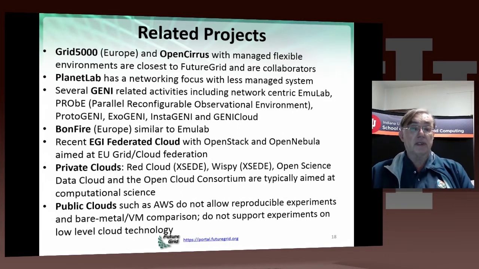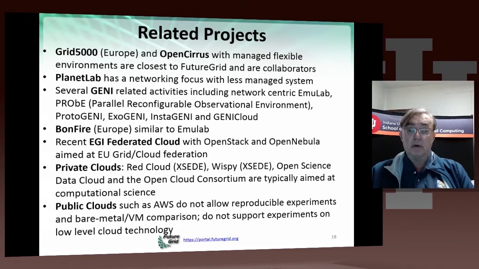BonFIRE is a system in Europe similar to Emulab, and the EGI has a federated cloud with OpenStack and OpenNebula, which is aimed at building on the European grid integration to build a European cloud federation.